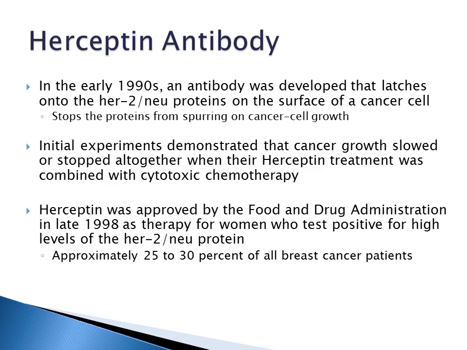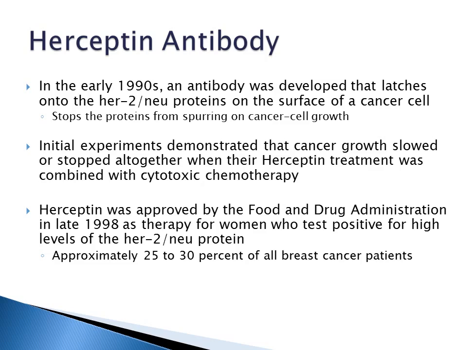So in the early 1990s, an antibody was developed that latches onto the HER2/neu proteins on the surface of a cancer cell, and it stops the proteins from spurring on the cancer cell growth. And through this stop signal, it can also stop the propagation of survival signals within the cancer cell.